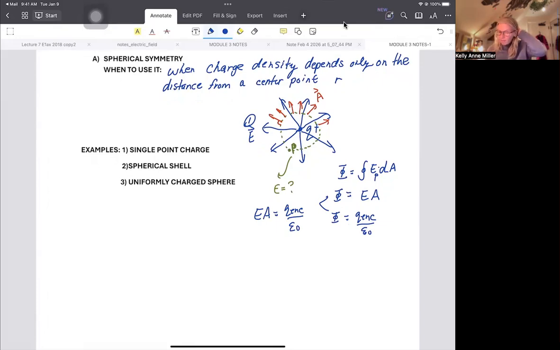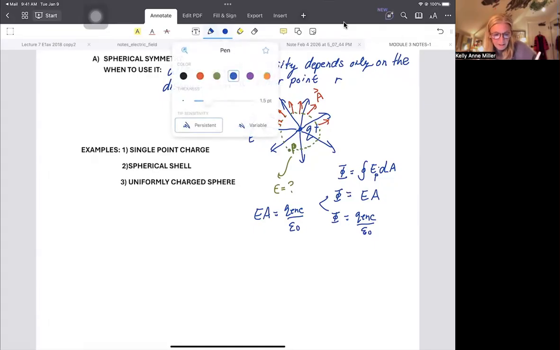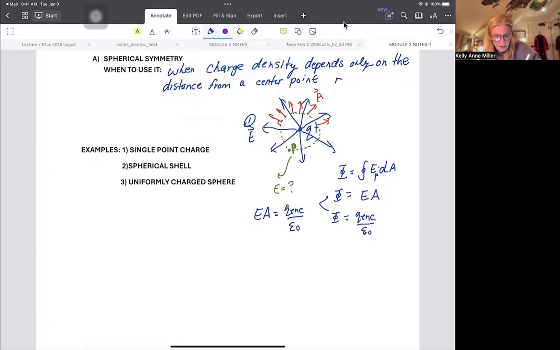And the A is just the surface area of my Gaussian surface. I've drawn that a distance, I should define that distance, a distance r from where my charge is. So I'm just going to call that capital R. The surface area of my Gaussian surface is just 4 pi r squared.